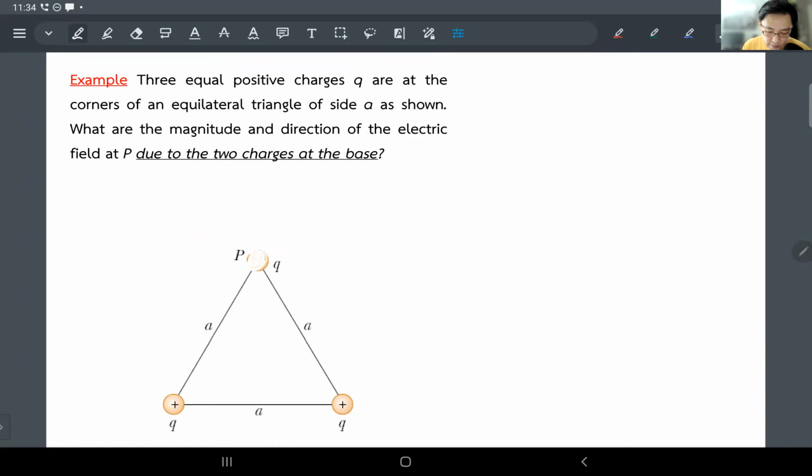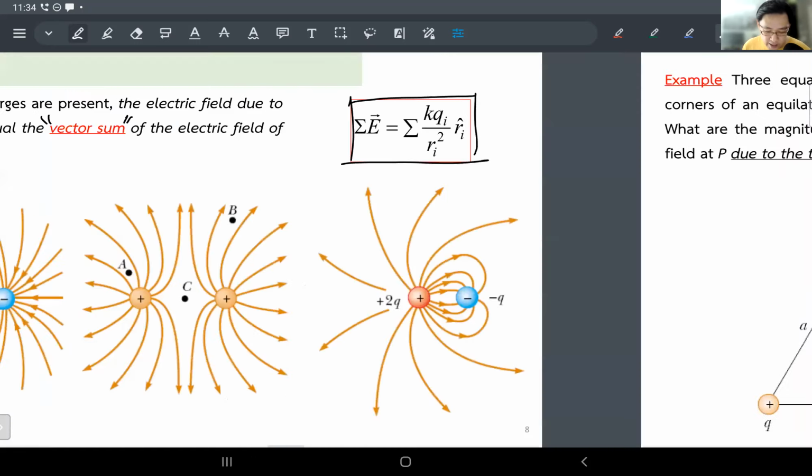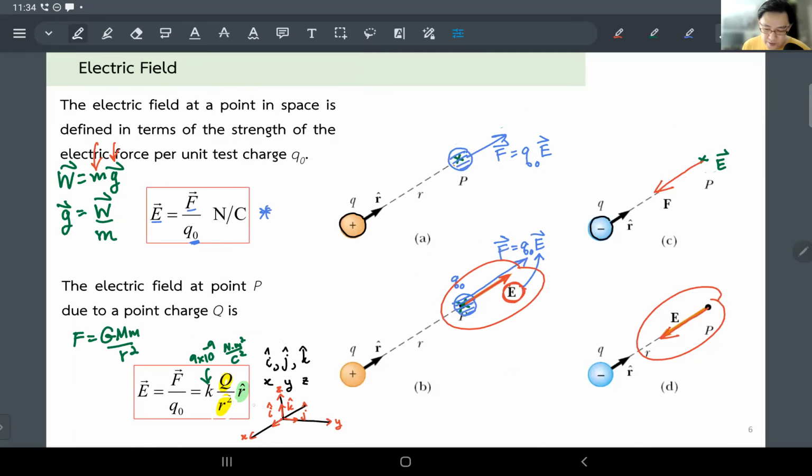I don't care. And you forget about the charge generating fields at the location of the charge itself. We don't talk about that. So that means, what if I put R in this equation to be 0? Like I want to calculate the electric field due to itself.